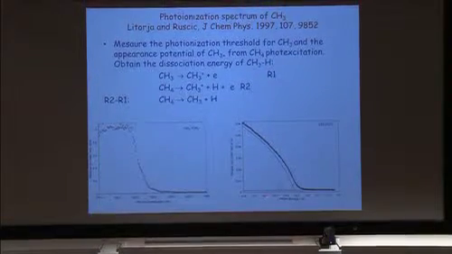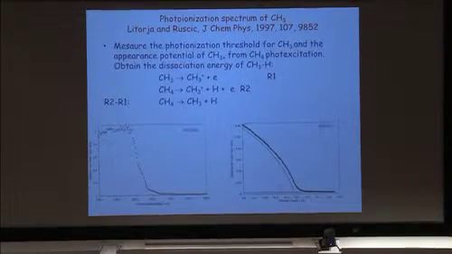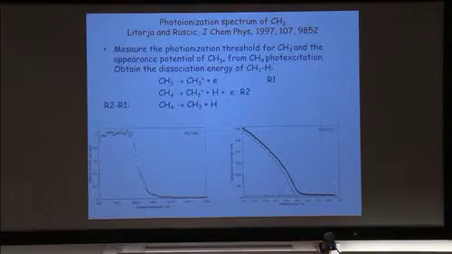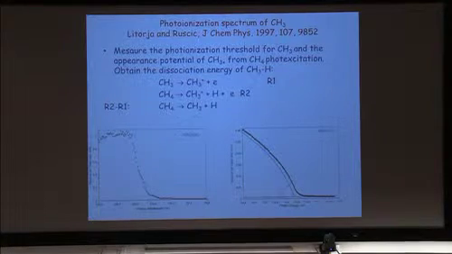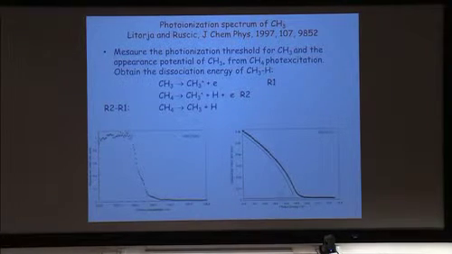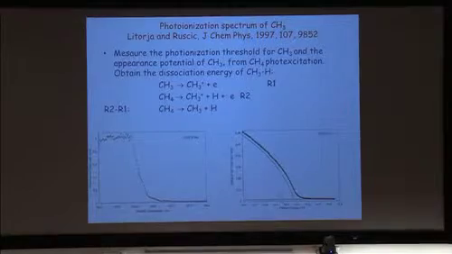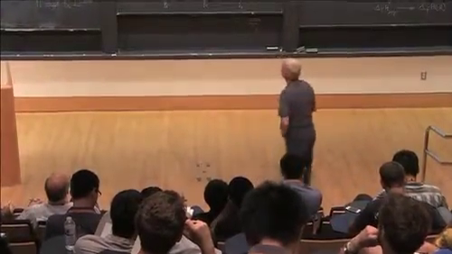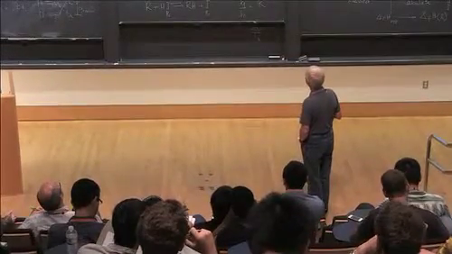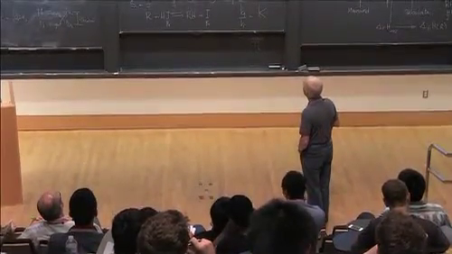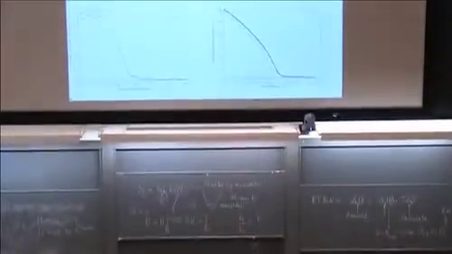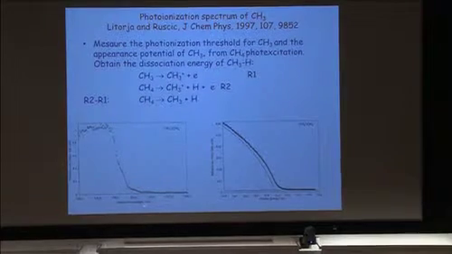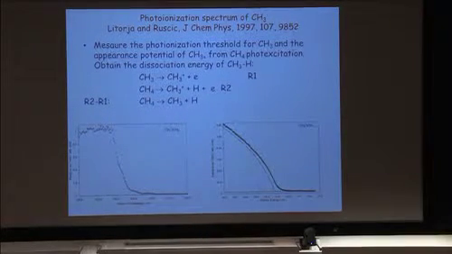This is increasing energy in this direction, decreasing wavelength, and you're photoionizing the methyl radical and studying this by changing the frequency of the radiation, or the wavelength of the radiation. And you can see that at long wavelengths, nothing happens. And then you see this signal which comes from methyl plus. And from the analysis of this profile, you can get the threshold for this ionization process here.